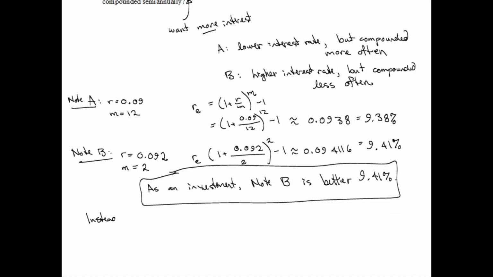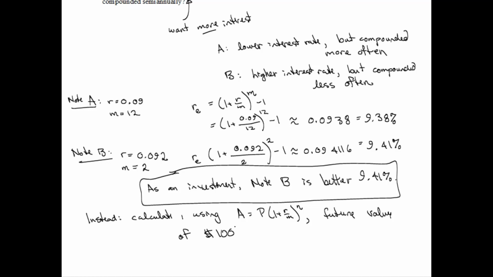Another way to approach this problem would be to calculate using the compound interest formula. You could calculate the future value of, say, $100 or $1,000 or $53, whatever you like.